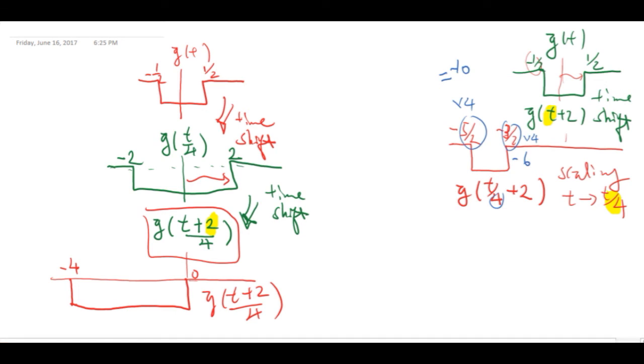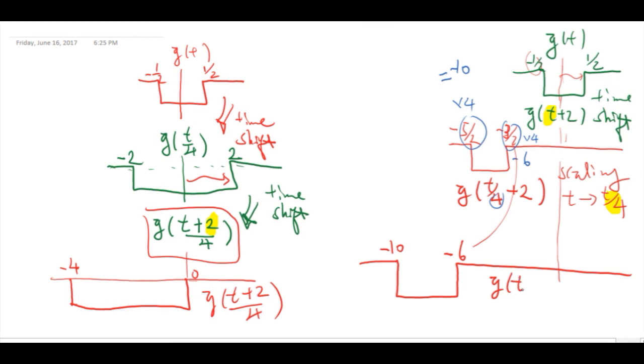So our waveform will become something like that, minus 10 and minus 6. Then the function is g((t plus 8) over 4), or just g(t over 4 plus 2).